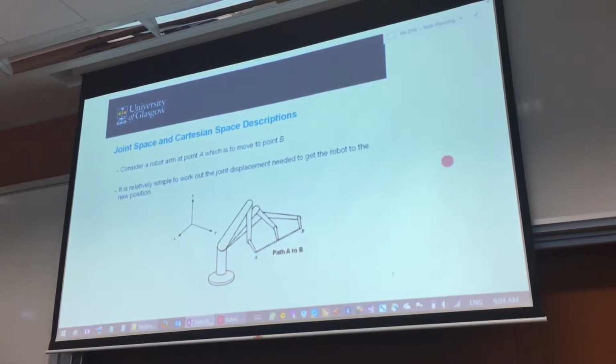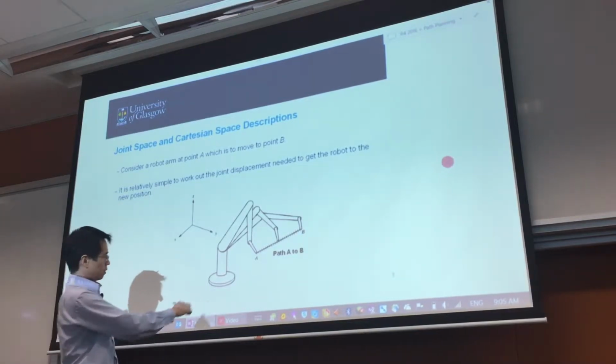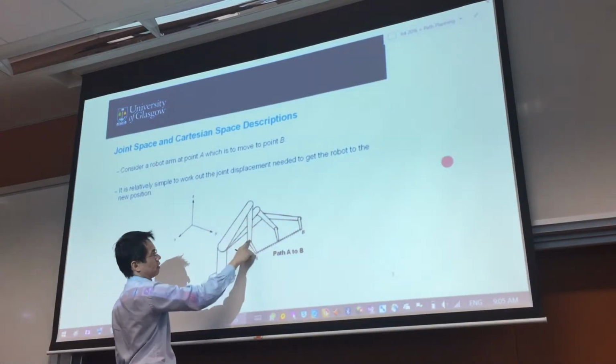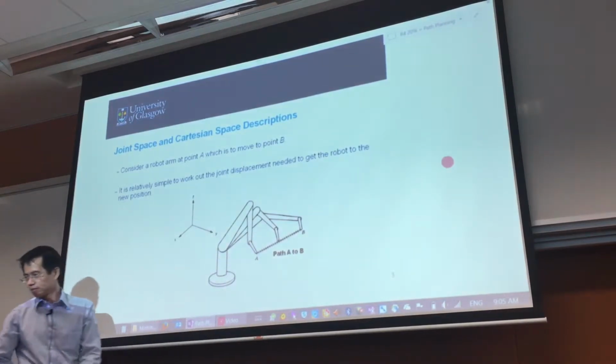If you have an end effector, in the layman's word we call it the robotic arm, but really it's an end effector. So over here you get to see three links. The three links will be this one, that one. Well, this one's not moving, so that one, and that one.